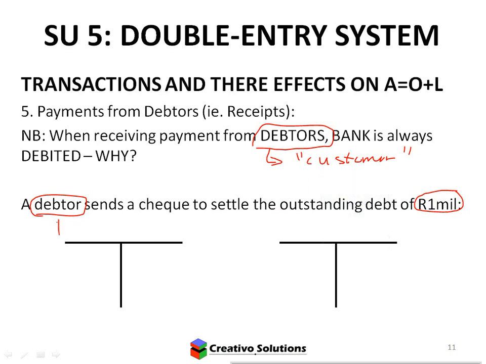You're going to get cash from the debtors. What's happening to the bank? Increasing. You know bank is an asset. You know it's increasing because you're receiving money from the debtor. Do you guys agree? So if I'm receiving money from the debtor and bank is affected positively, where do assets accounts increase? Correct. So debit for the plus 1 million.